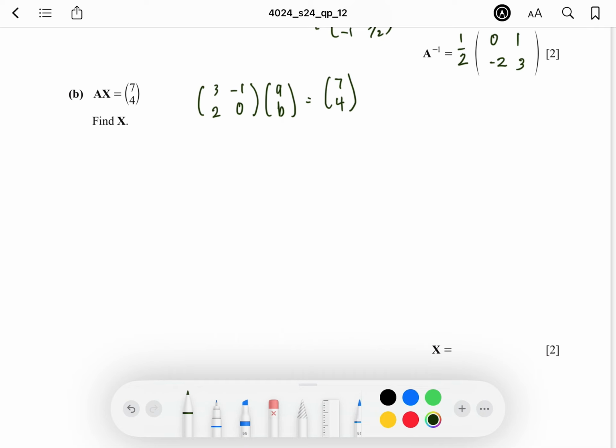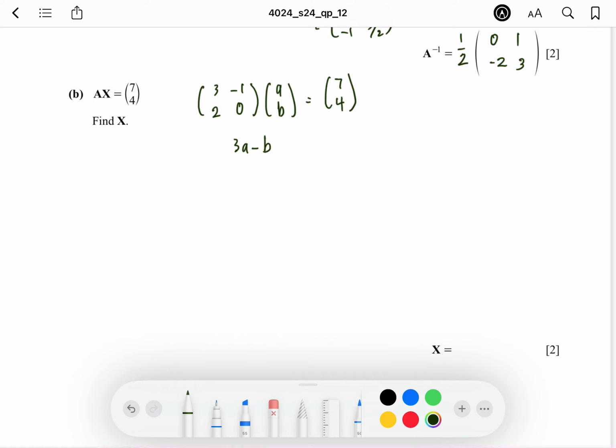So what we can do here is we can simplify into a single matrix. Yang ada dua matrix jadi single matrix. 3A minus B. Where do I put 2A?